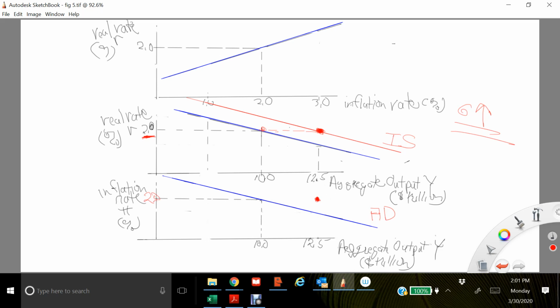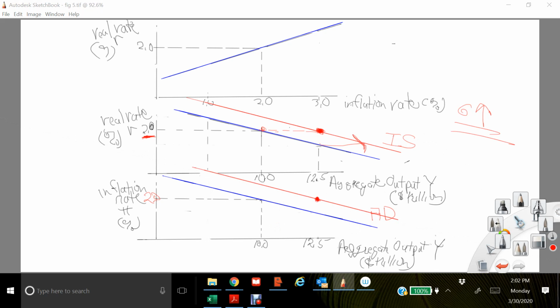And we can see that each parallel change in the IS value would result in a parallel change in the aggregate demand curve. Okay, so we're going to end up with the new aggregate demand curve over here.